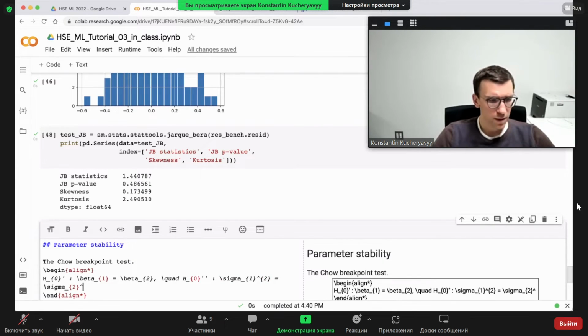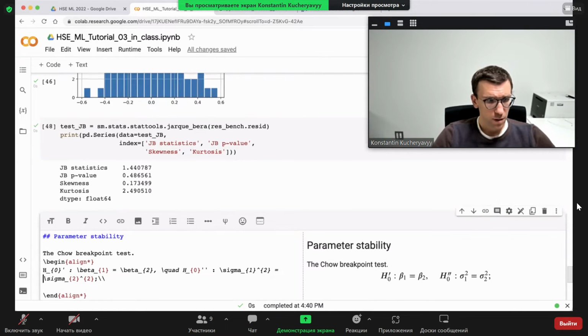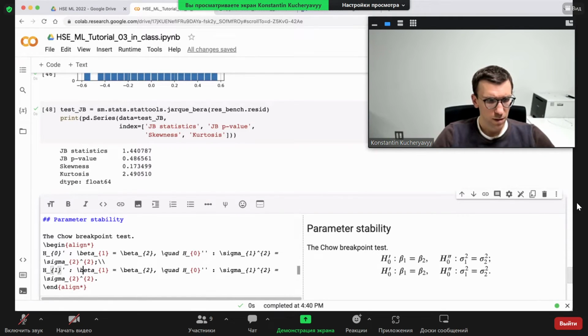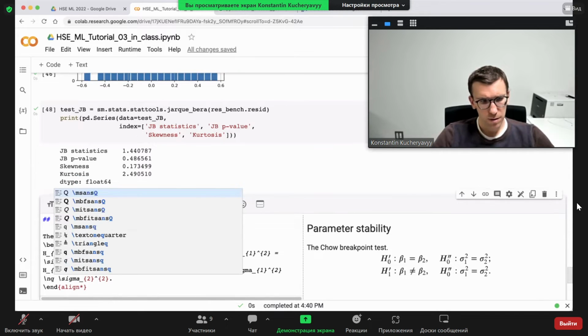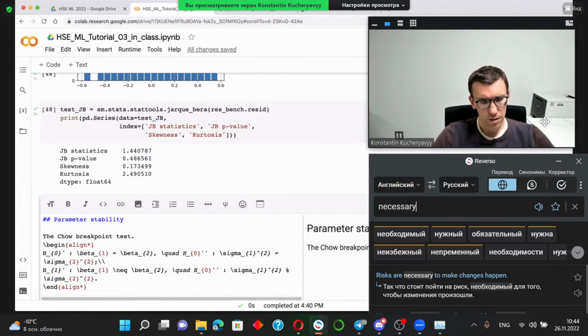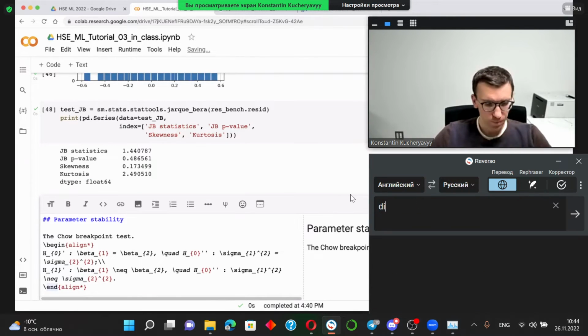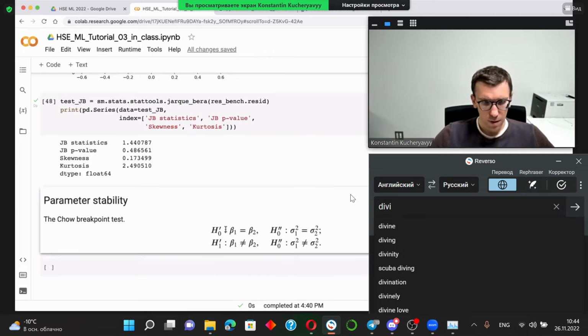we divide the sample into two periods, and we test if in the two periods there is a difference.